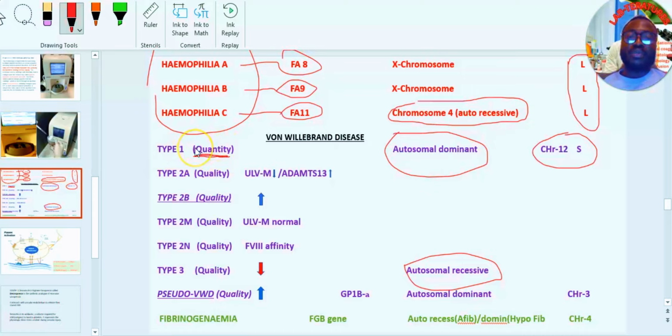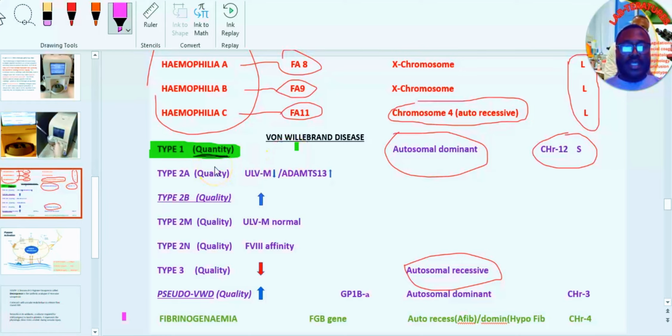Now, the first type, which is quantity, is the only type that is talking about how much von Willebrand antigen, and it is solely about the quantity. And coming to the next type, which is type 2, starting from the A. Remember this, when we talk about the von Willebrand antigen amount or quantity that we have, we don't refer to ultra-large von Willebrand multimer.